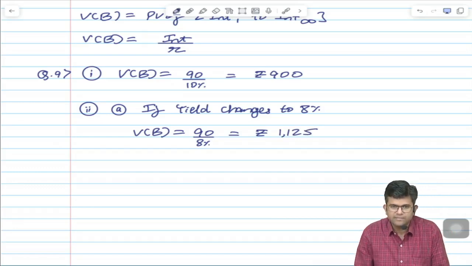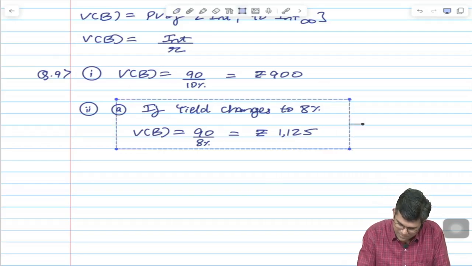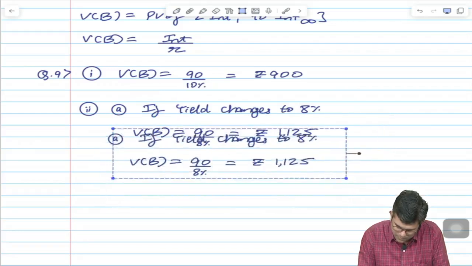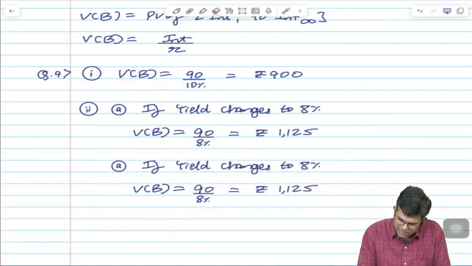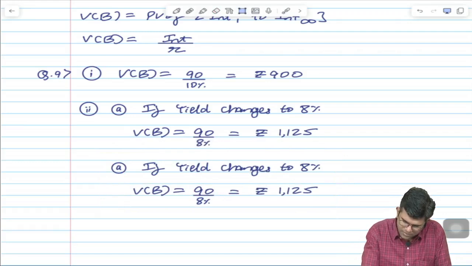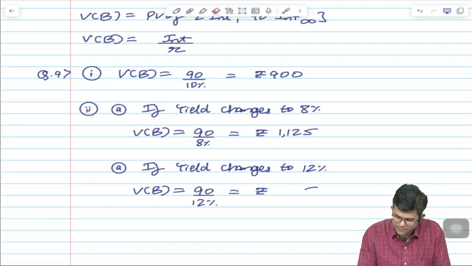Someone has got 720. If yield changes to 12%, it is 750.